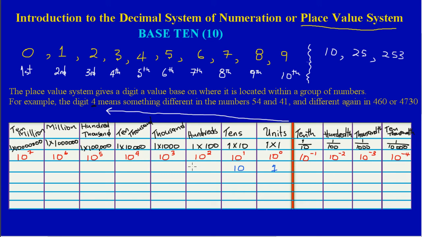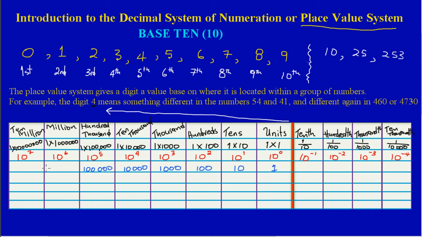Okay, then I would have my hundreds column. Now this would be my thousand column. 1, 2, 3. This would be my 10,000 column. 1, 2, 3. This would be my 100,000 column. Okay, and I have 1, 2, 3.